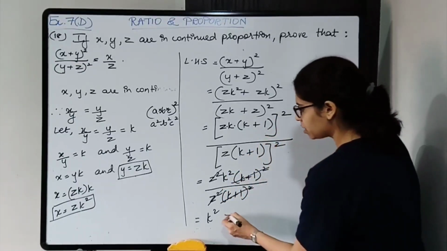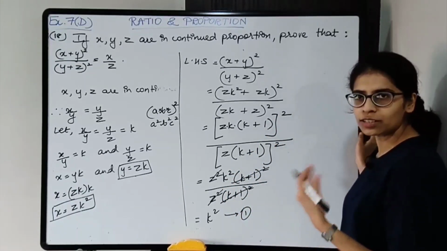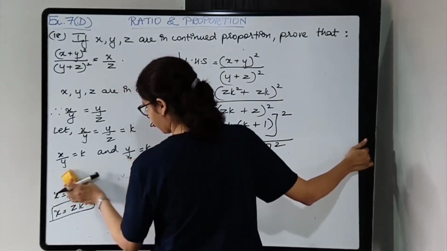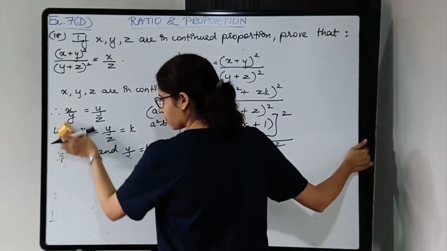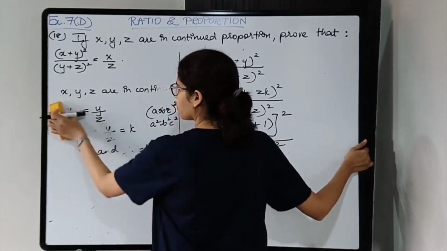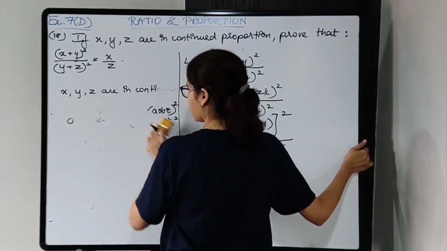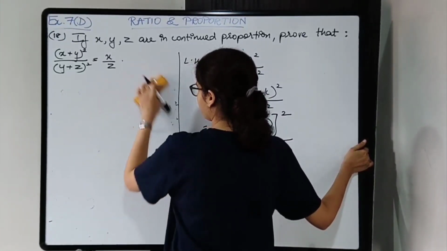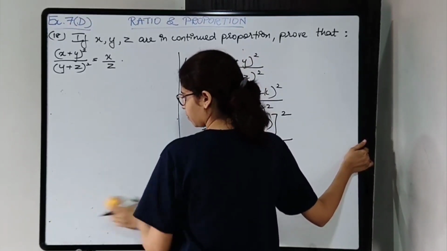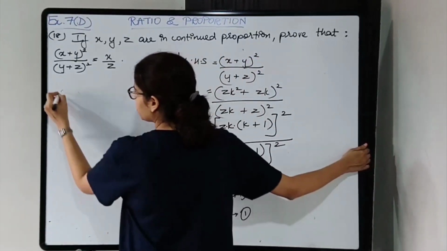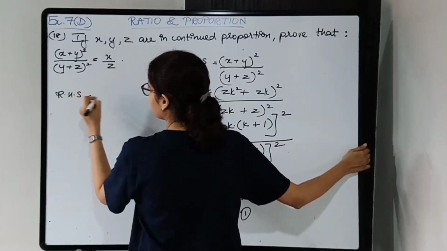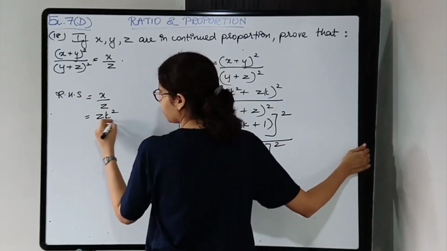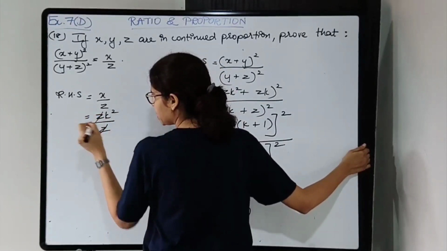So what we'll do, mark this as 1 and let's check the RHS now. x upon z. x is what? zk square upon z. z cancel हो गया.